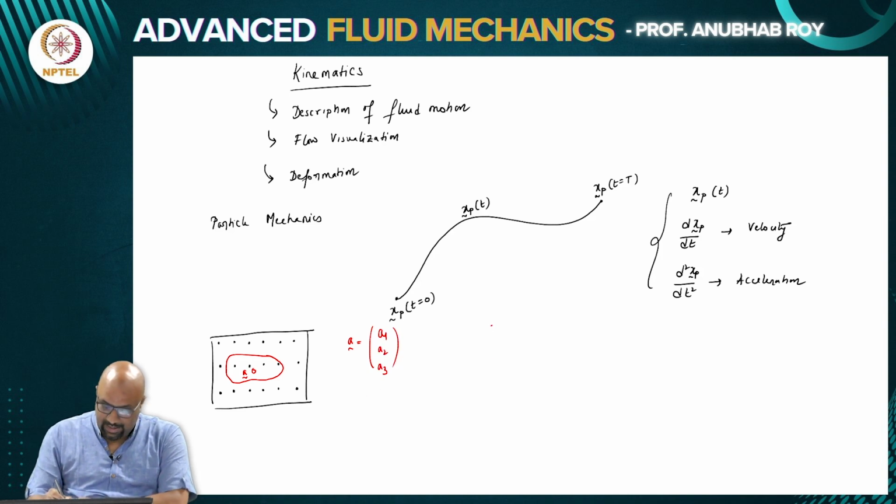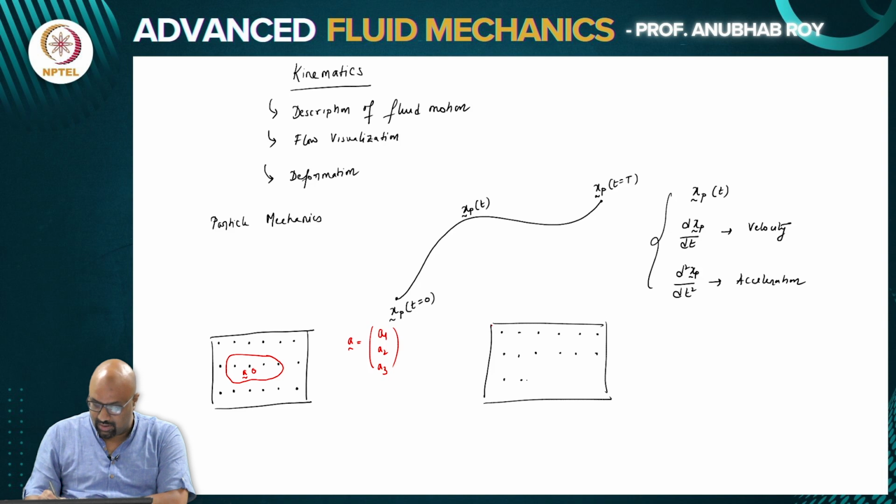Now, at a later time instant, where to find out? I have basically marked some points. These are grid-kind points that I have marked out, and now I ask the question, where is that point A going to be located? What was at some initial instant a point O which is at A, that point is going to now move and probably be somewhere here, which is now labeled as a point xp.